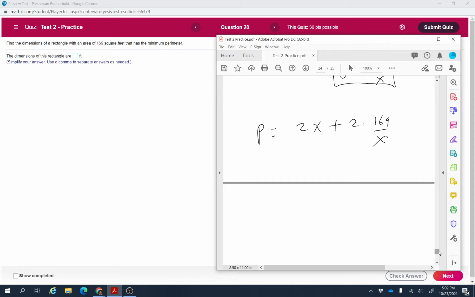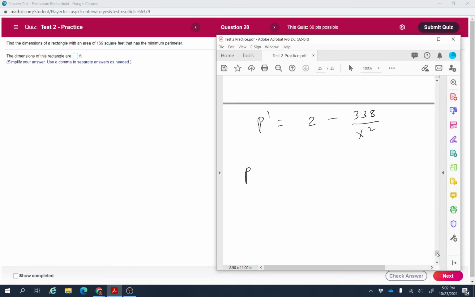To find the minimum or maximum, we are going to repeat the same thing. We find the first derivative and we find the critical number. The derivative is 2 minus 2 times 169, which is 338 over x squared.